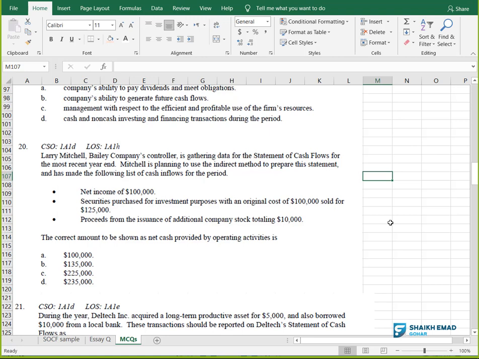Yes, but this is a security, 25,000. This is not your property, plant, equipment. Getting it? Okay, the security is purchased for investment purposes. Original cost was 100,000. You sold for 125,000. So there is a gain of 25,000. How to tackle this gain?